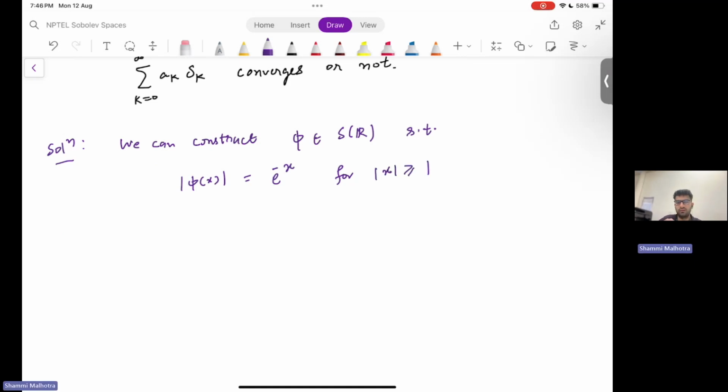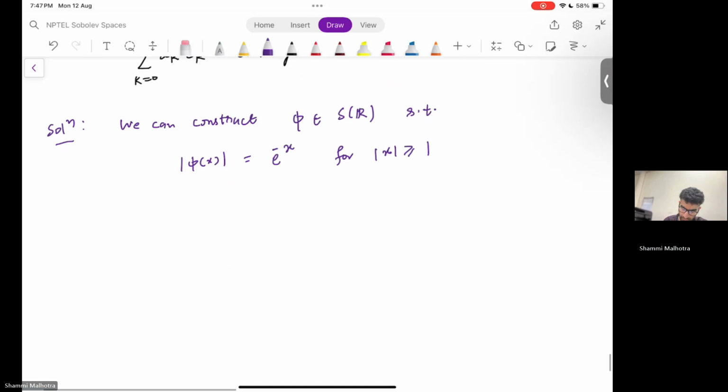So we can take e raised to minus x and multiply with some Schwartz function which has a smoothing effect in a neighborhood of minus 1 to 1.